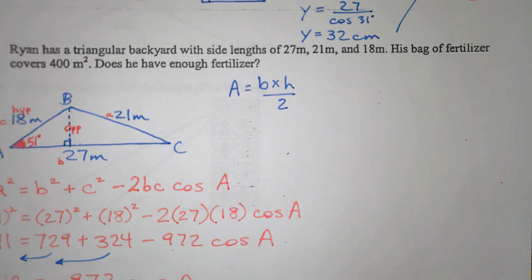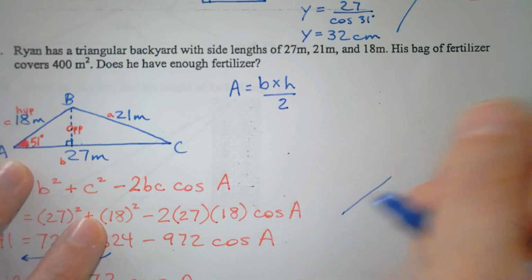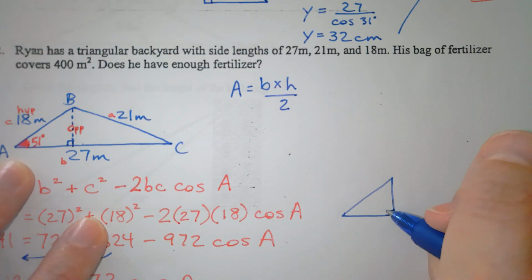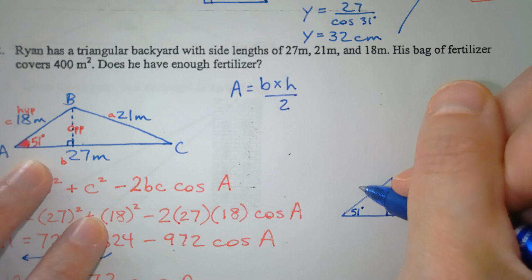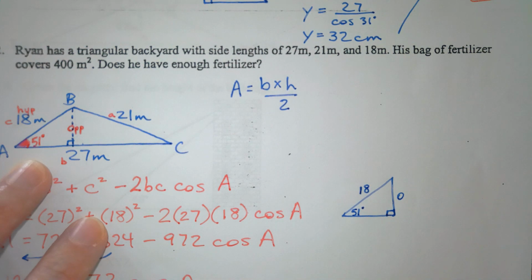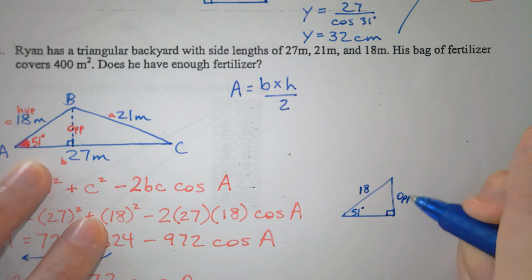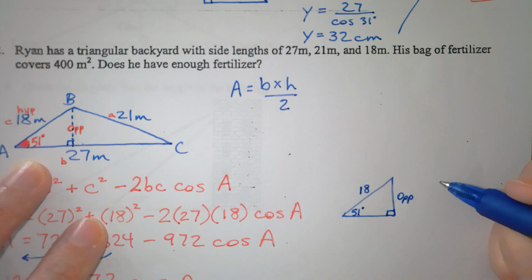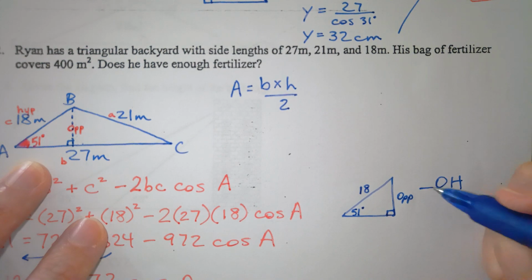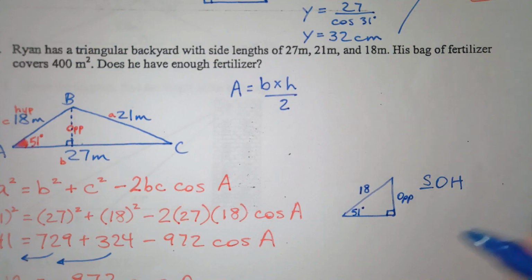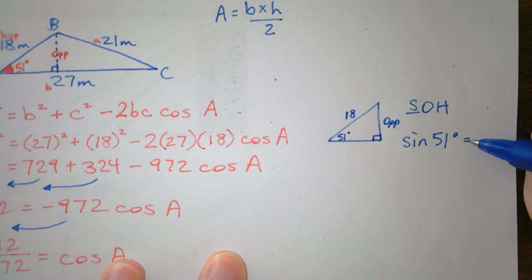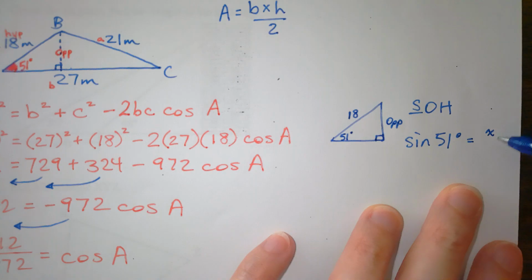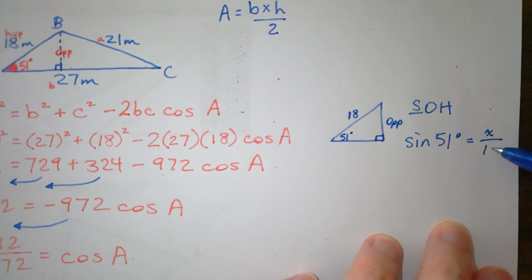Alright, so looking at that right angle triangle right here, I'll just redraw it. So 51 degrees. I'm looking for opposite. I know my hypotenuse is 18. So O and H. So sine 51 degrees equals opposite, we'll call it x, over hypotenuse.